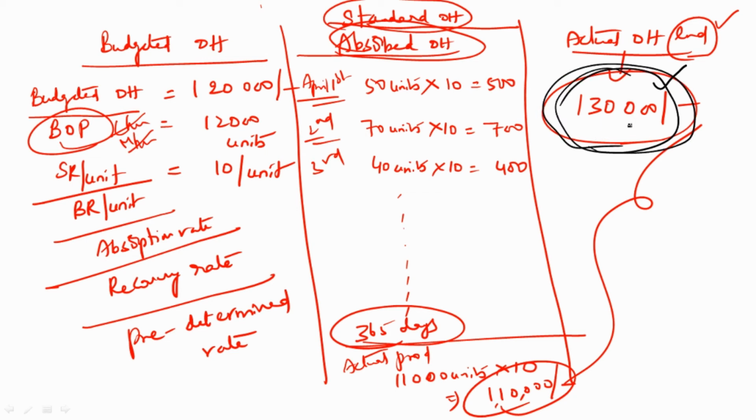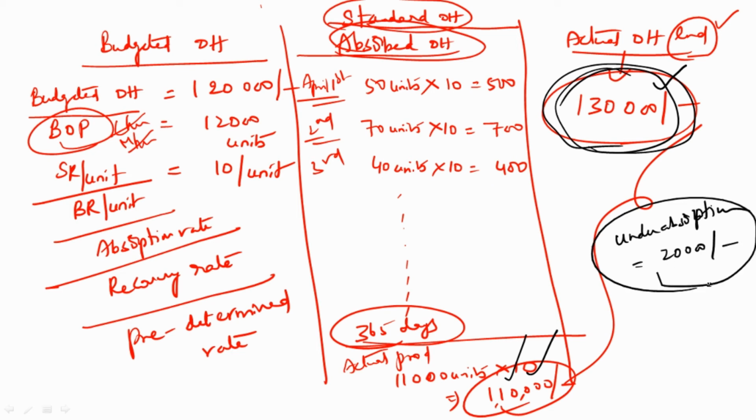How much? 1,30,000 is your actual overheads, which is what you should have absorbed, or which is what you should have debited in costing P&L account. But how much have you debited? 1,10,000. How much have you absorbed? 1,10,000, which means you have under absorbed or over absorbed? Under absorbed. So under absorption of how much? 20,000 rupees. Are you able to get me?